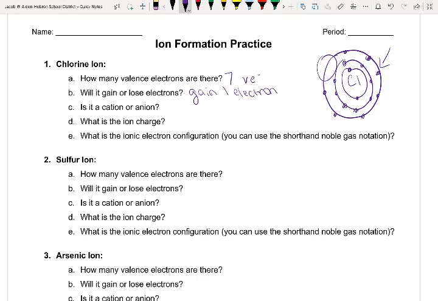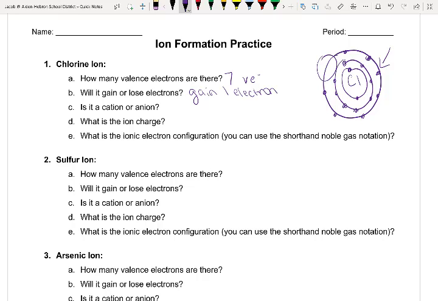Okay. So looking back at our notes, is it a cation or an anion? Remember, cations are going to give away electrons. As they give them away, it gives them a positive charge. Anions are going to gain electrons. As they gain electrons, it gives them a negative charge.